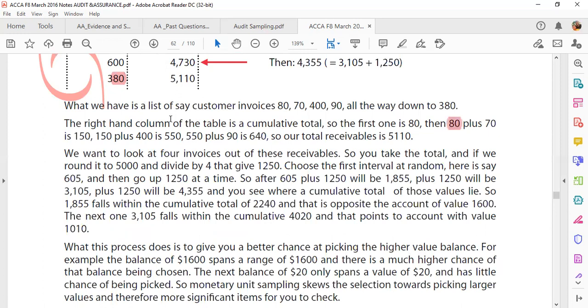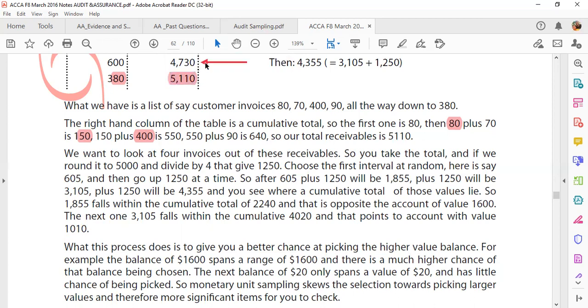Then plus 70, which is 150. Then plus 400, which is 550. 550 plus 90, and so on till we get to this final level.